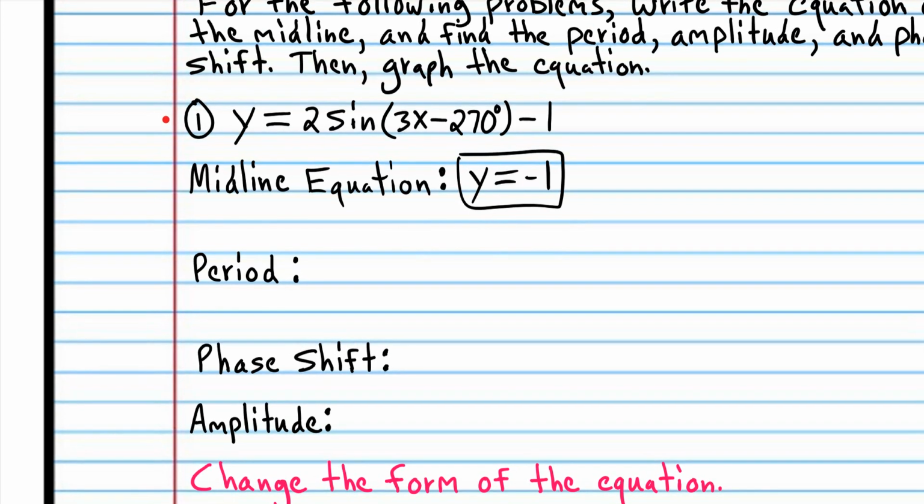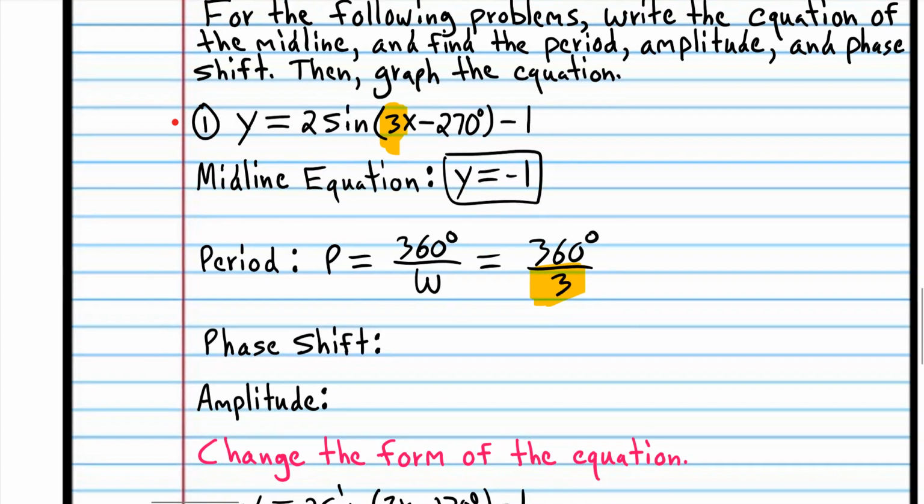The period is given by that equation. This is a sine curve, so we're going to take the normal period for the sine curve and divide it by omega. Now, what is omega? Omega is the orange number right there. So we're going to divide, and we get 120 degrees. That's the period. What does that mean?